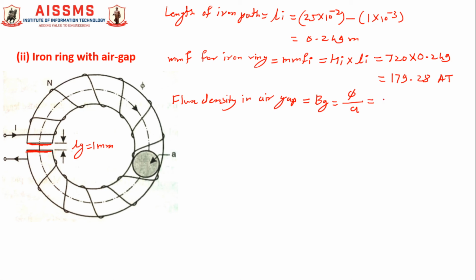So by calculation we get it is equal to 0.6 weber per meter square or Tesla, which is equal to the flux density of iron.